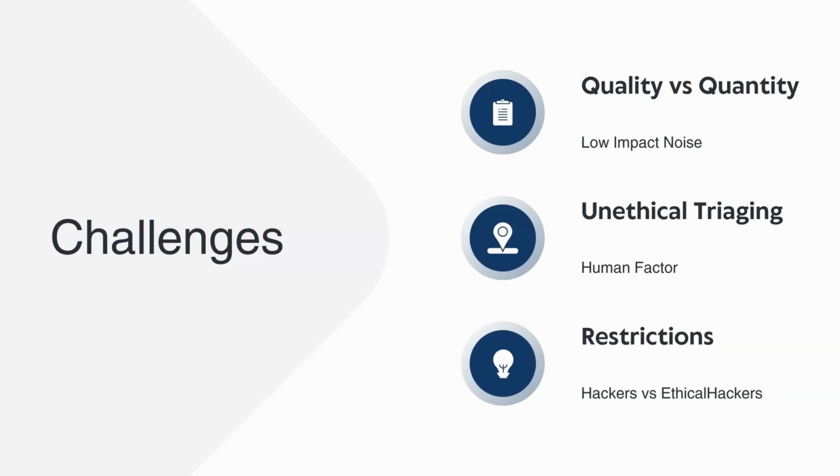Second huge factor is unethical triaging. There is always a human factor involved, right? As a researcher, you might have submitted a valid finding, but on the other side, the triage team person may be unethical and may steal your finding, or may want to give you less bounty, or sometimes not give you any bounty at all.